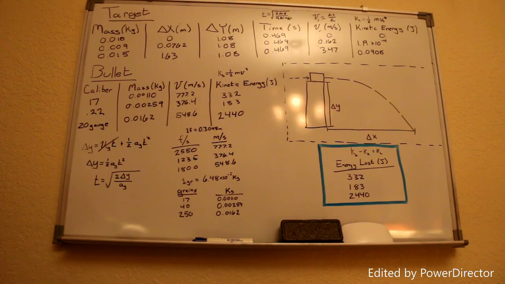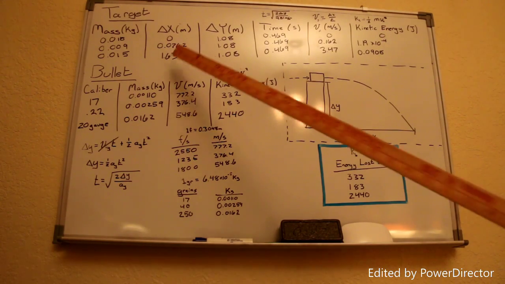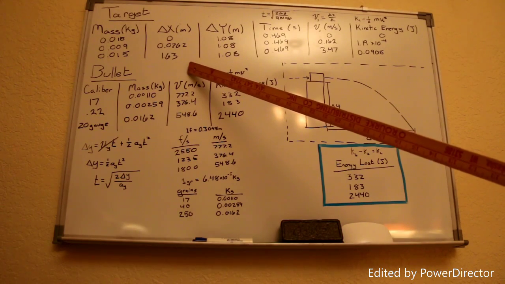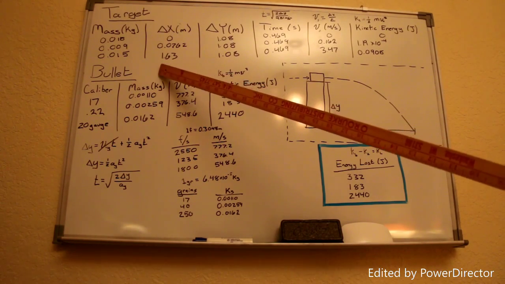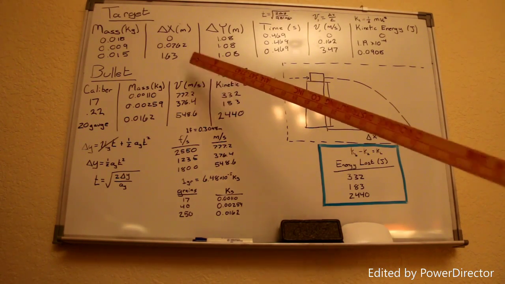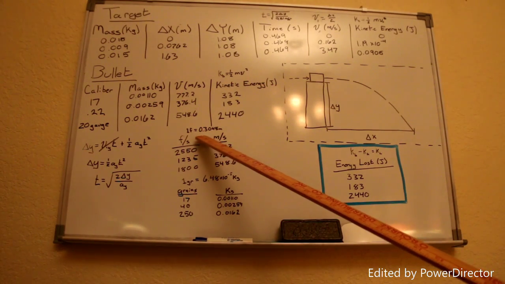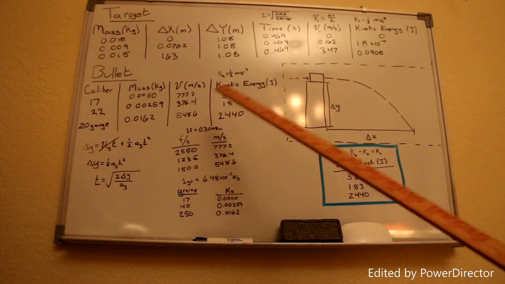Given the data that we found on each of our bullets, we are going to calculate the final kinetic energy of each projectile. Our mass and our velocity were given to us in grains and feet per second, so we must convert them to kilograms and meters per second. We found 1 foot equal to 0.3048 meters.